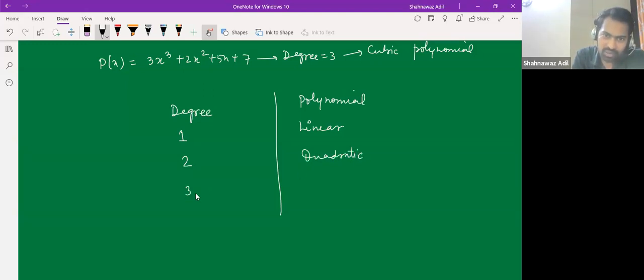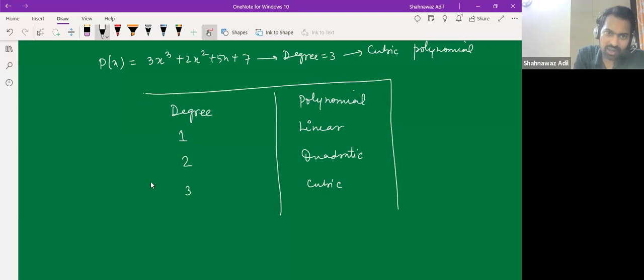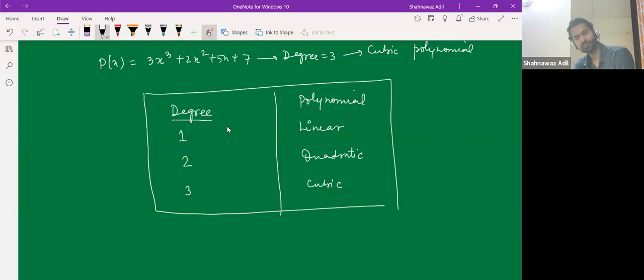And if we have degree 3, this is called cubic. So these definitions are based on the degree of the polynomial. Clear up to this point? Yes, sir. Clear.